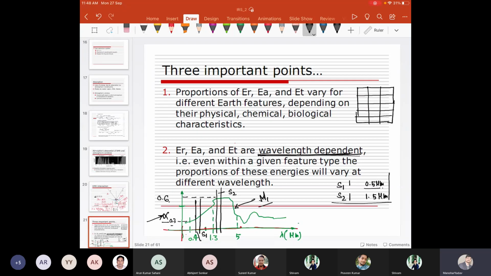For material M1, the alpha versus lambda plot is drawn over here. But let's say somewhere here M1 is present. For all these locations, the material M1 is present.